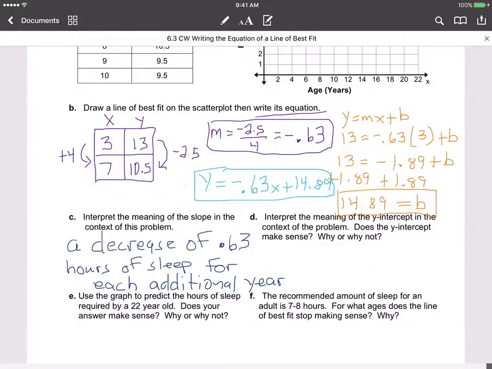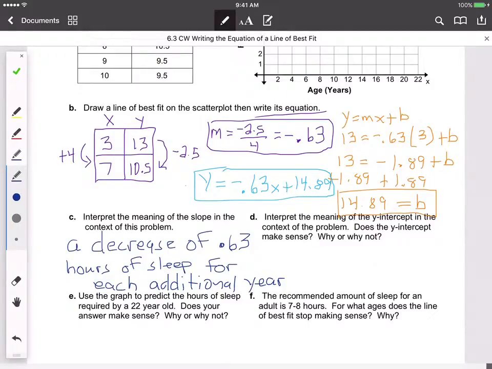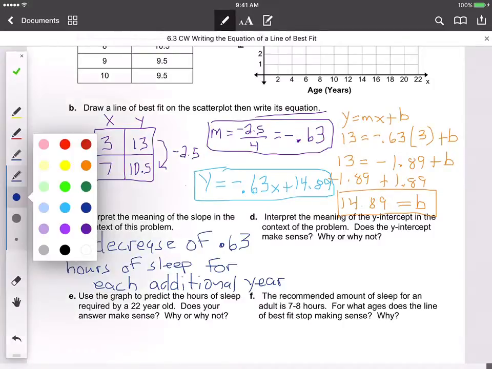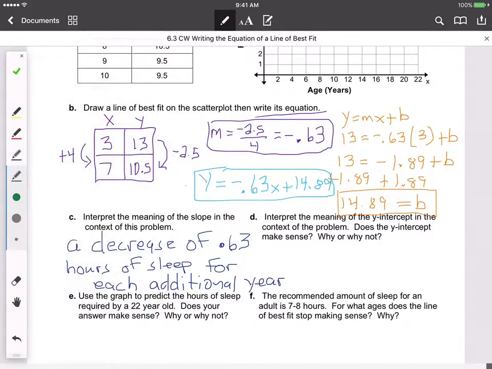So if we are 0 years old, we would need 14.89 hours of sleep, for someone who is 0 years old.